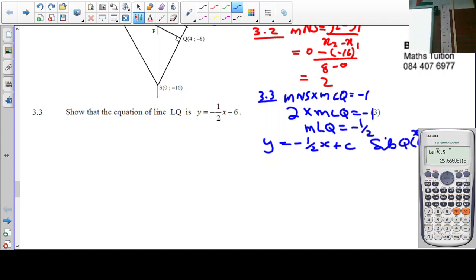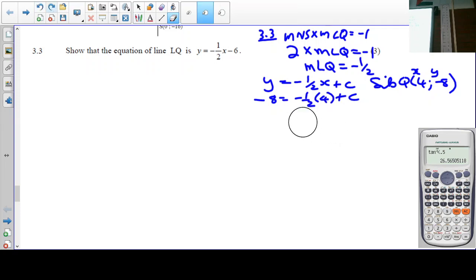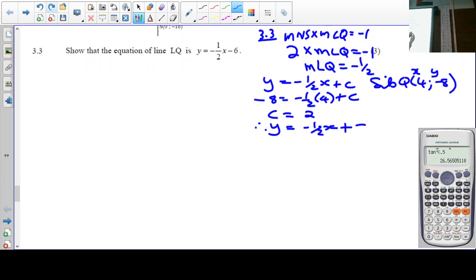So it's going to be negative 8 equals negative half times 4 plus c. What is negative half times 4? Negative 2. Putting negative 2 over the equal sign becomes plus 2. So c is equal to 2. So therefore y is equal to negative a half x plus, no, I made a mistake here.